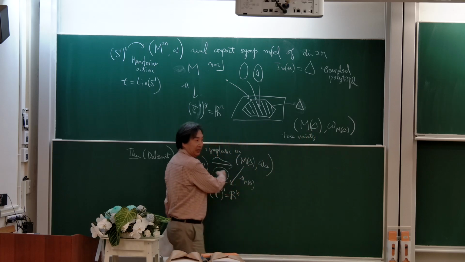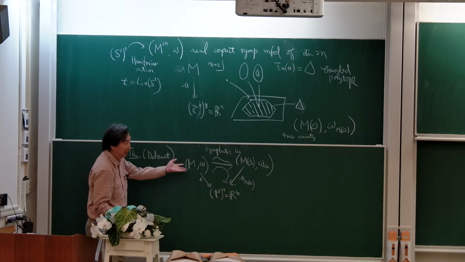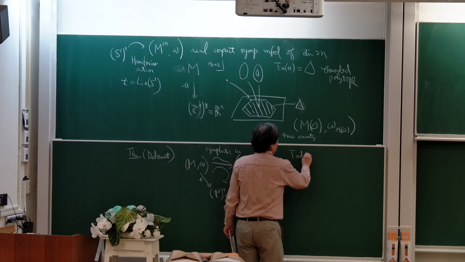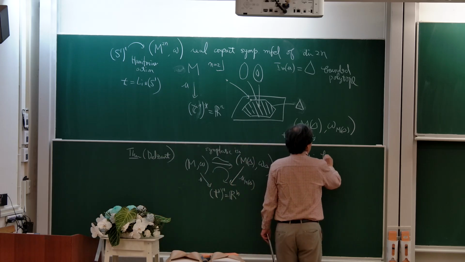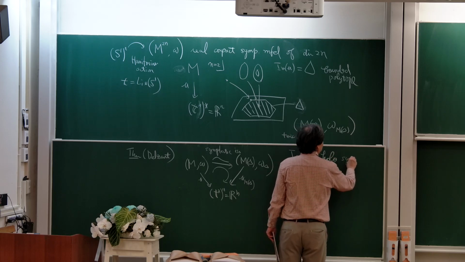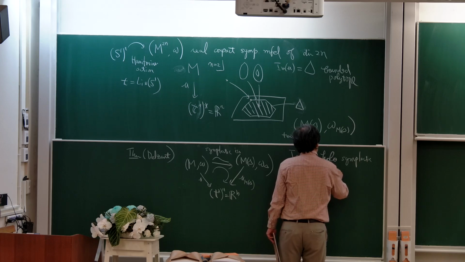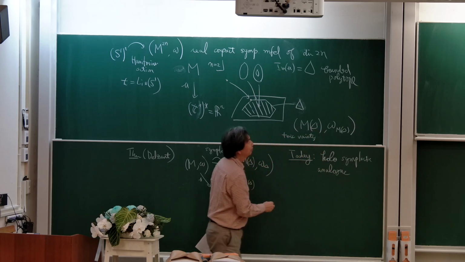So a toric variety is characterized as follows. Today I will talk about the holomorphic symplectic analog of these theorems.